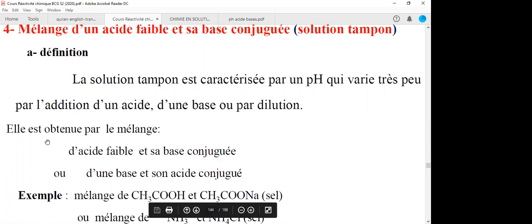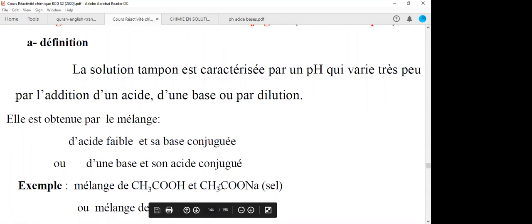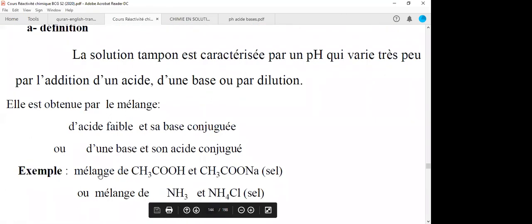So la solution tampon, elle est obtenue par le mélange d'un acide faible et sa base conjuguée, ou d'une base et son acide conjugué. Par exemple, on a mélange de CH3COOH, this is an acid, plus this salt.